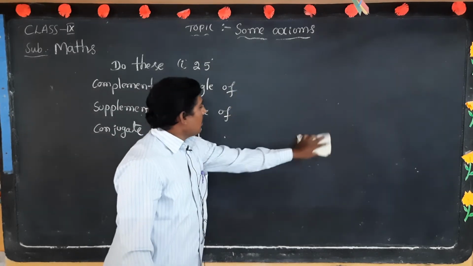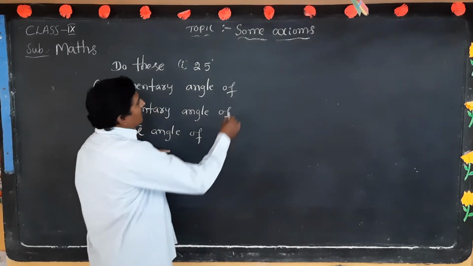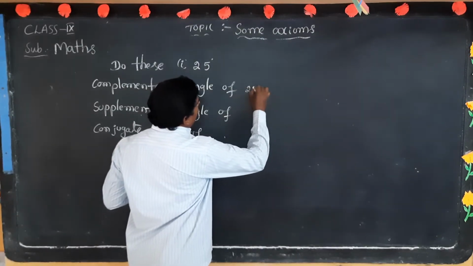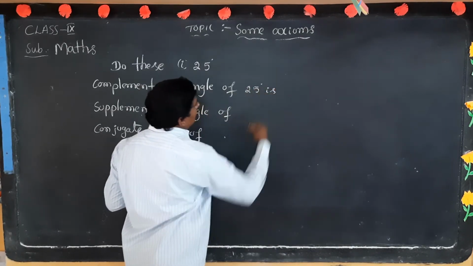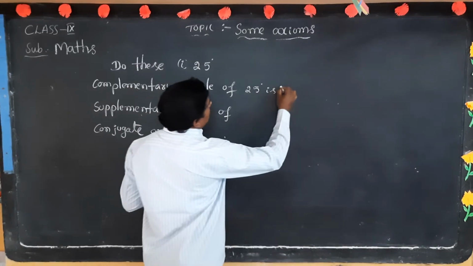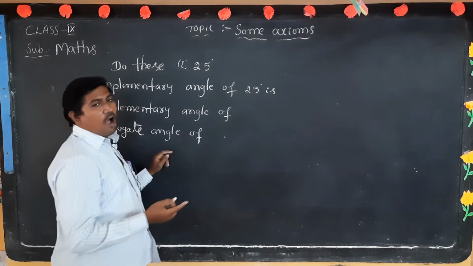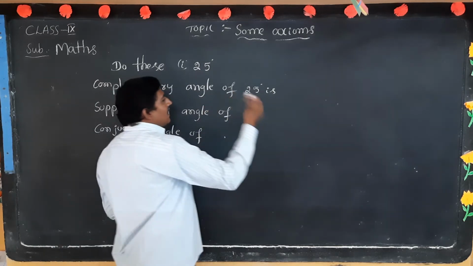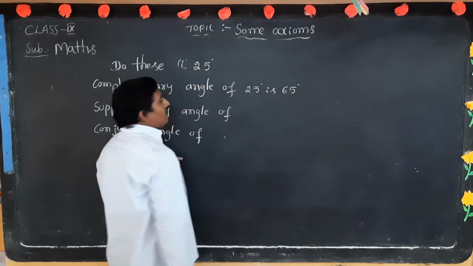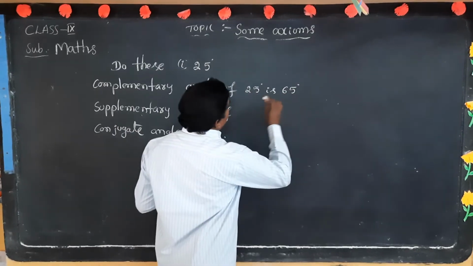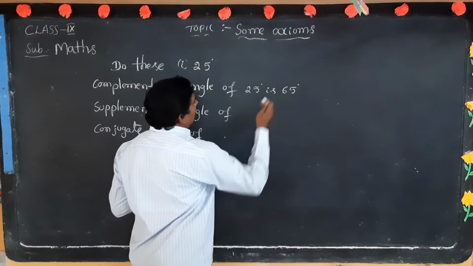For 25 degrees, the complementary angle of 25 degrees is, see, how much should we add to get 90 degrees? For example, 65 plus 25 is 90 degrees. The complementary angle of 25 degrees is 65 degrees.